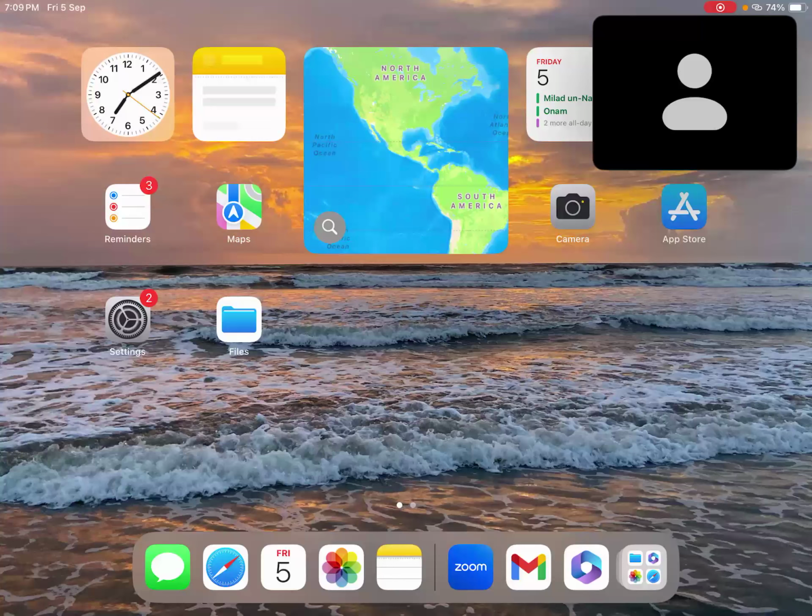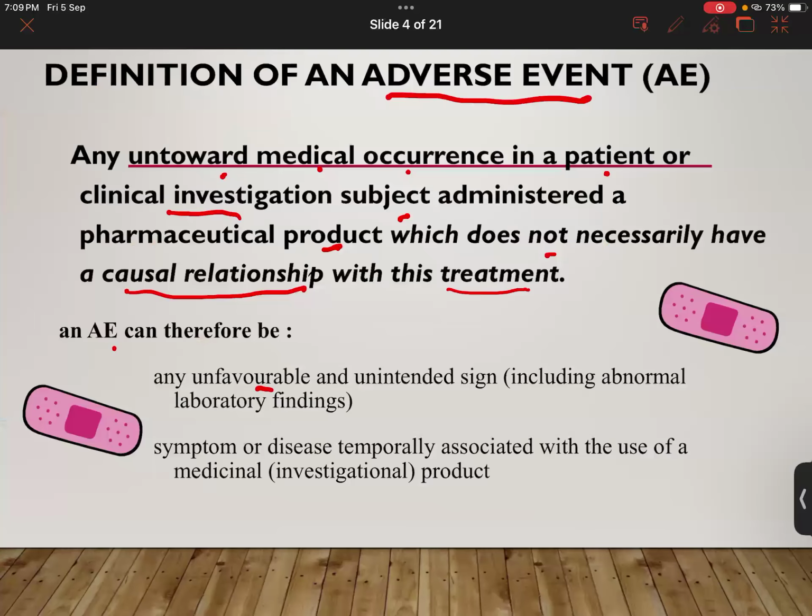Correct. Okay. So an AE can therefore be any unfavorable, unintended sign, including abnormal lab findings. For example, BP is coming as 90/130. Maybe the person is totally fine, looking fine outside, but this is an abnormal finding. Vital sign, this is like maybe a lab or a vital sign, right? So if the ECG report is not normal, that will also come in adverse event.